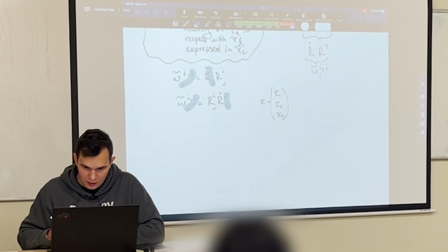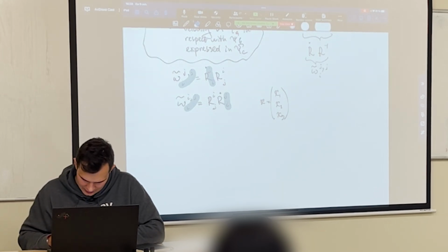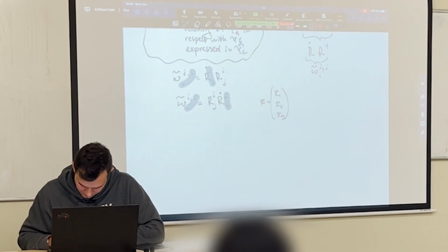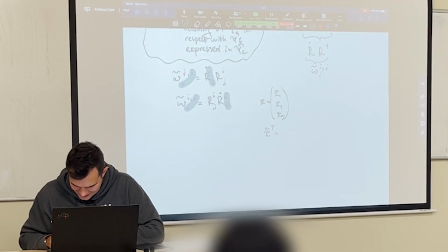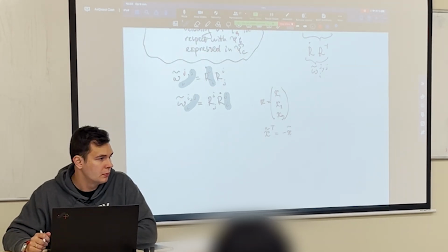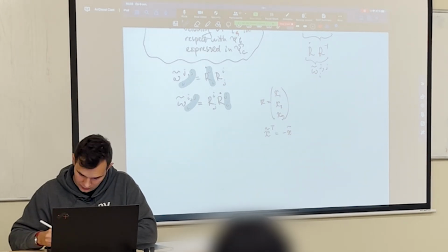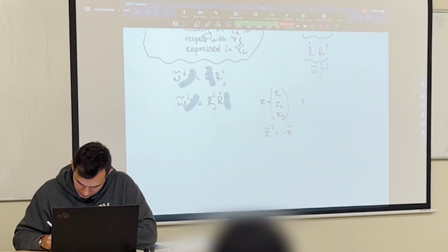By the way, it has a special property that the transpose of itself equals itself with a minus, and it's called skew symmetric.